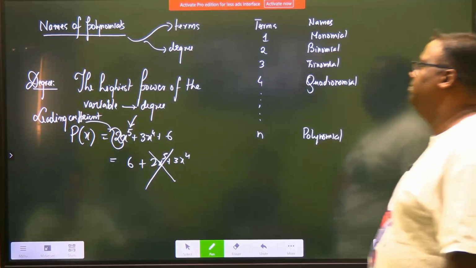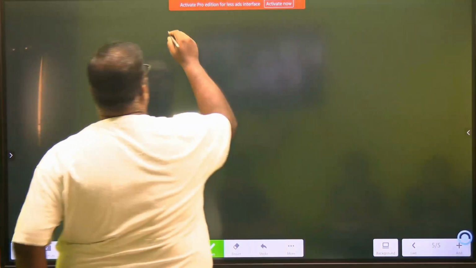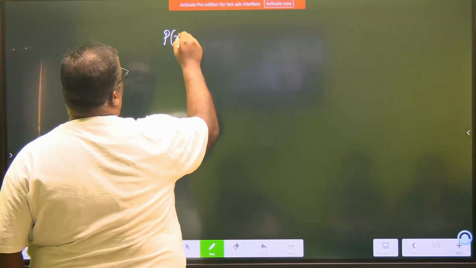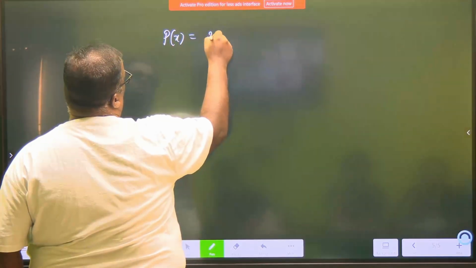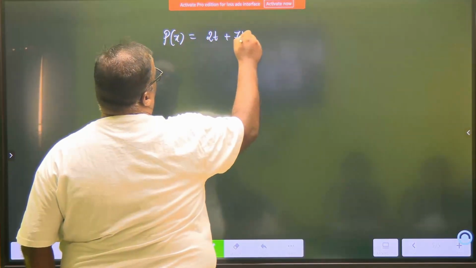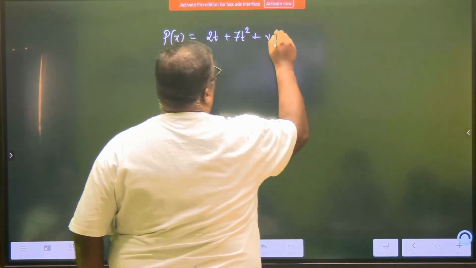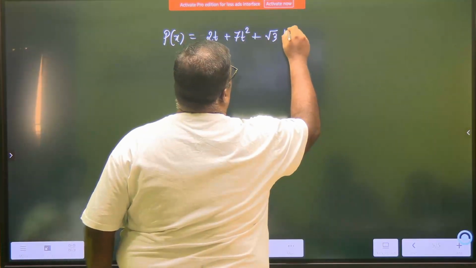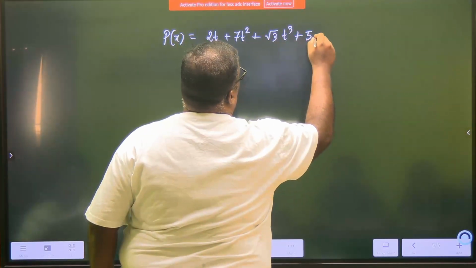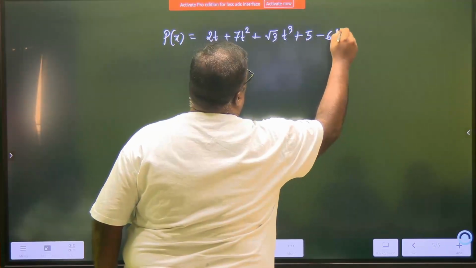So let's see. Suppose I am given a polynomial p(t) = 2t + 7t^2 + root 3 t^3 + 5 - 6t^4.